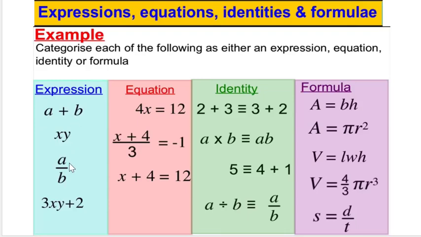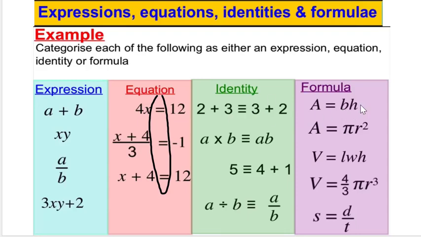So a plus b, xy, a over b, 3xy plus 2, those are expressions. Equations are 4x equals 12, x plus 4 over 3 equals negative 1, and x plus 4 equals 12, because they have an equal sign. So you see, in an equation we have an equal sign. In a formula we also have an equal sign, but there is more than one variable.